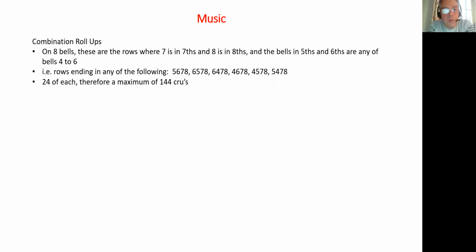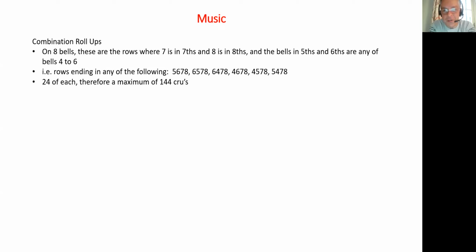The combination roll-ups on 8 bells are the rows where the 7th is in 7ths and the 8th is in 8ths, and the bells in 5th and 6th are any of bells 4, 5 and 6. So that means all the rows that end in 5 6 7 8, 6 5 7 8, 6 4 7 8, 4 6 7 8, 4 5 7 8, 5 4 7 8. At some point, somebody in the past decided that those were good rows to have in a peal.